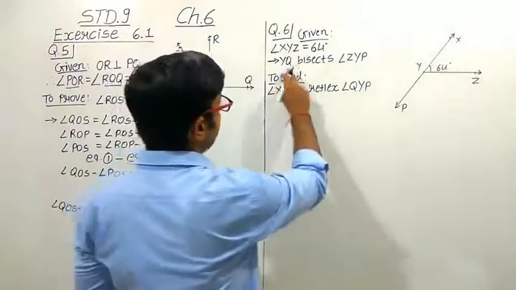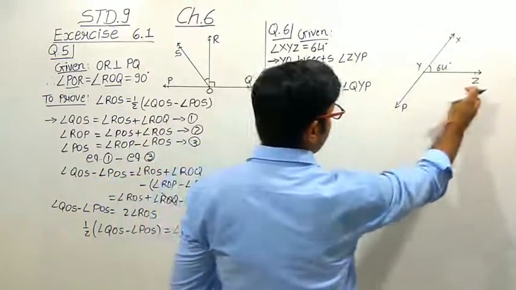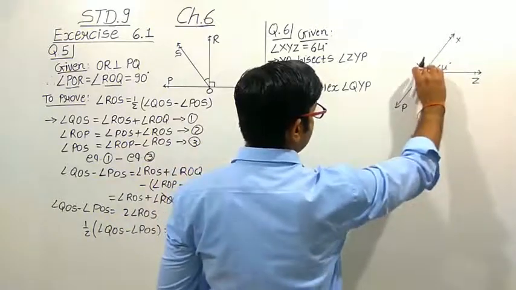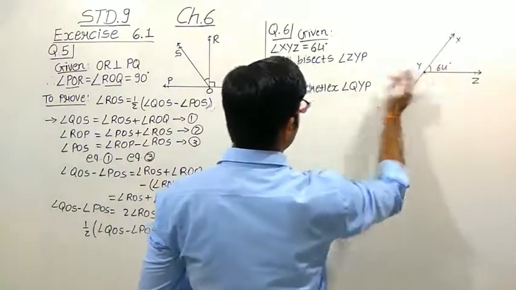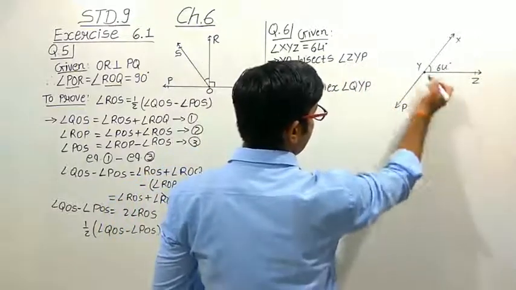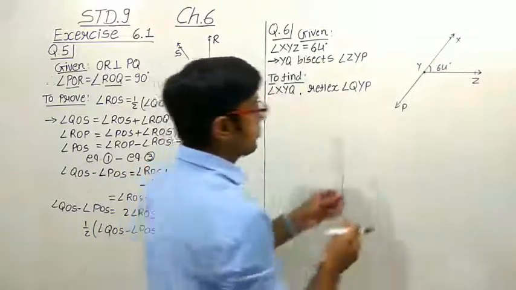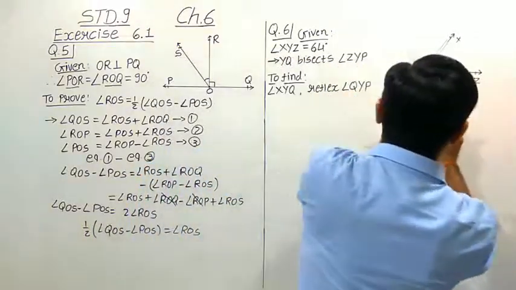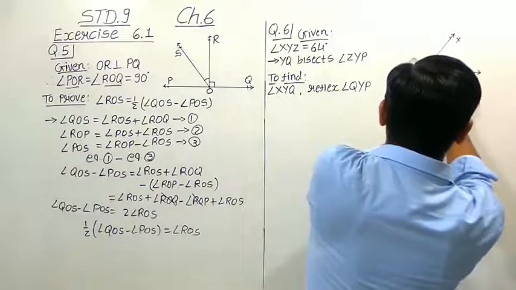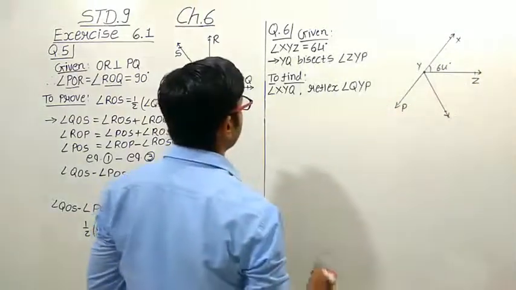And it is given that YQ is the bisector of angle ZYP. See, here one angle ZYP is formed, and one of the rays, that is YQ, starts from Y. So here we have to draw a ray that bisects the angle ZYP. So draw one ray here that divides the angle ZYP and give it the name YQ.